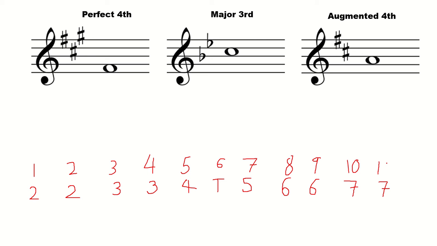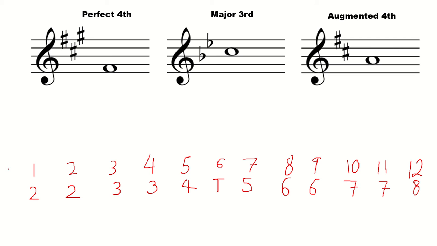It's sometimes good, just to make sure you've written it out correctly, to go 12, which should be 8, because 12 semitones gives you the octave, and that will be the 8th note, the perfect octave.